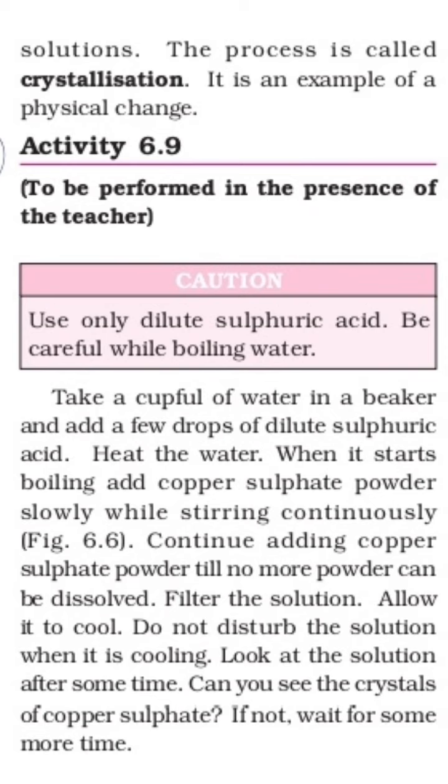When it starts boiling, add copper sulfate powder while stirring continuously. We have to add copper sulfate powder slowly and keep stirring it continuously. Continue adding copper sulfate powder till no more powder can be dissolved.